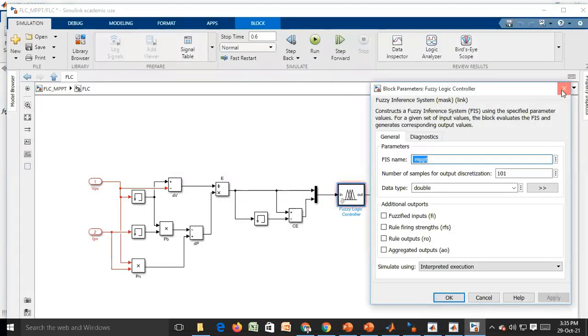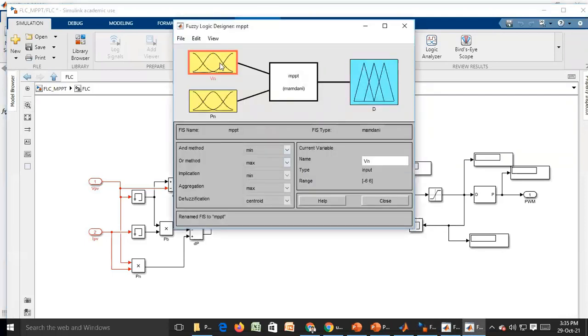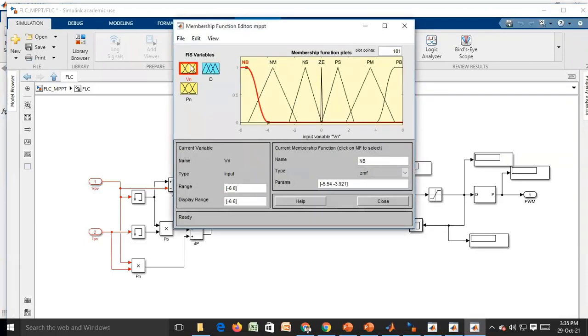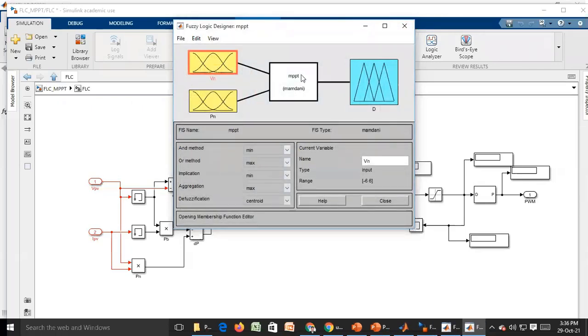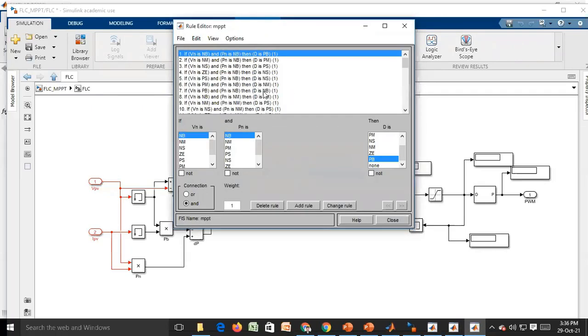Now here, what functions have I taken? Voltage is zero, negative small, negative medium, negative big, positive small, positive medium, positive big. These voltages are -6 to 6 and powers are -6 to 6. The output duty ratio is -0.1 to 0.1, 0 to 1. So these values are designed. Now this is the rule.